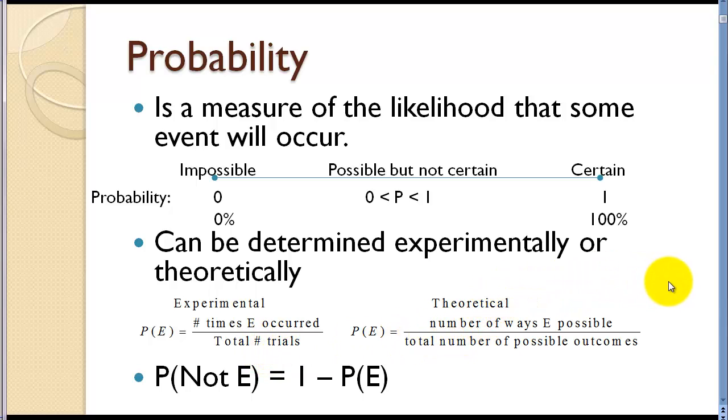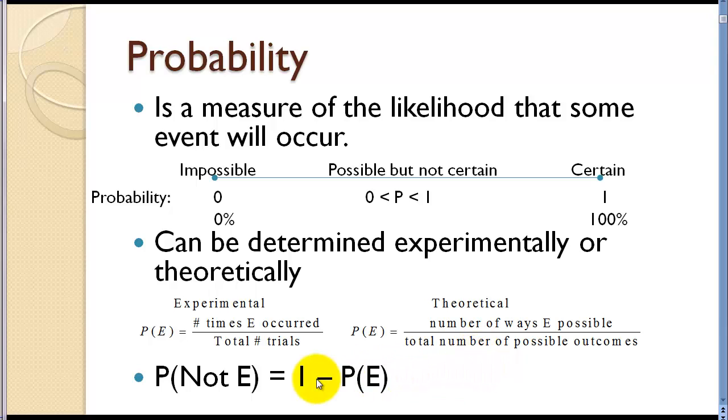On theoretical, we have to determine and be able to count how many possible outcomes there are and how many possible ways our event can happen, and do that division. As we run an increasing number of trials, our experimental probability should and will approach our theoretical result.